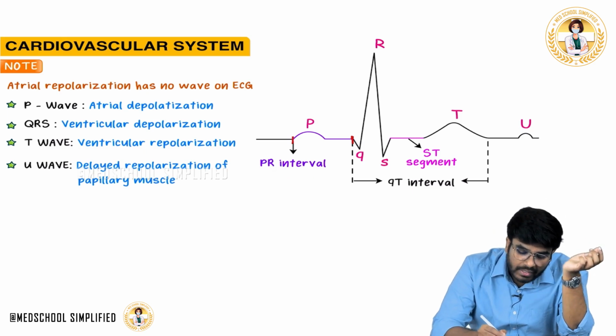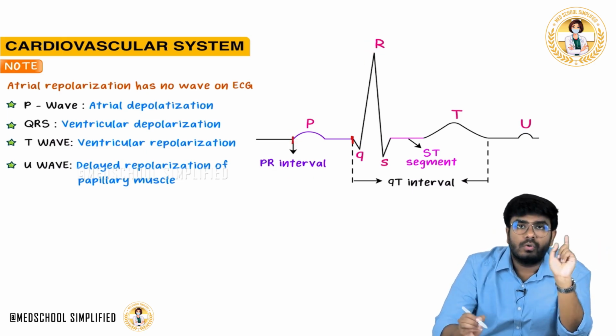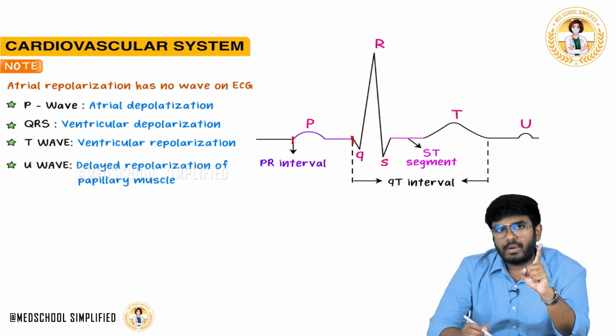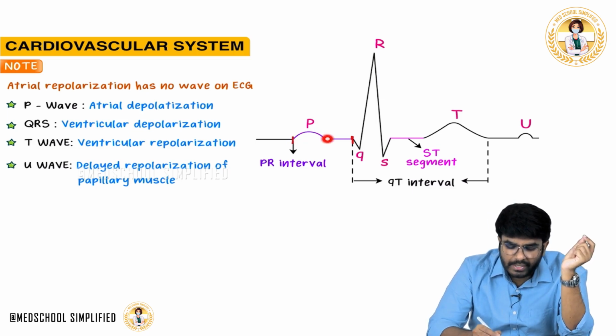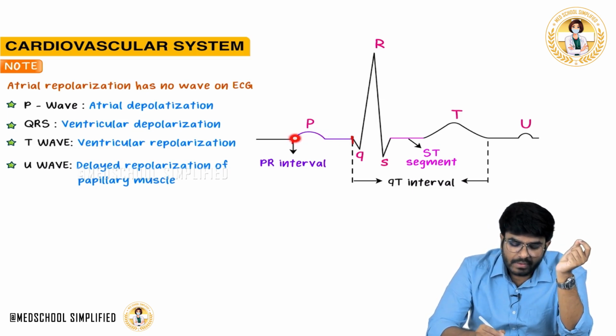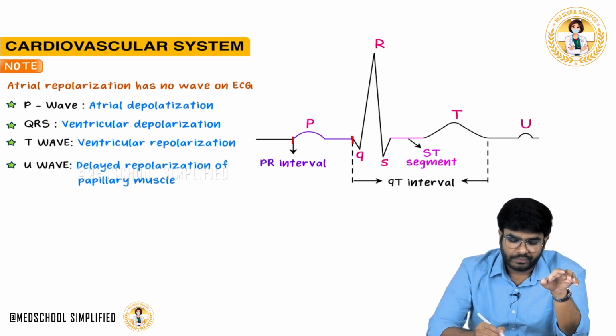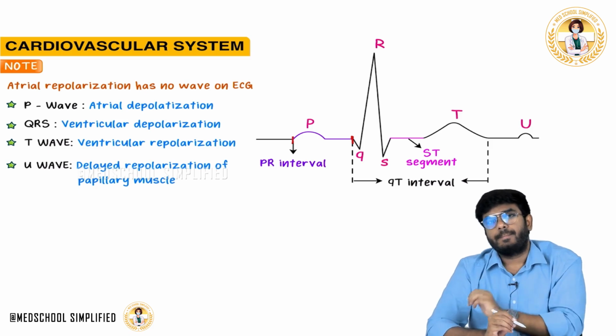Don't say the PR interval is from the starting of the P to the R. No, starting of the P to the starting of the Q wave is called the PR interval. Again I am asking you, in this PR interval what is happening? The impulse is starting from the SA node, depolarizing the atria, going to the AV node and going through the AV node also. This is the PR interval.